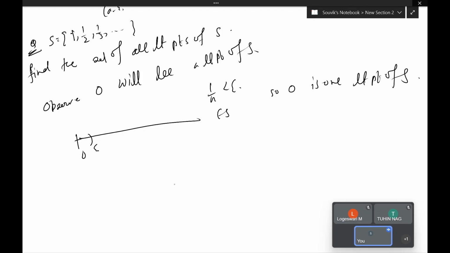So what about the other limit points? Think about it.